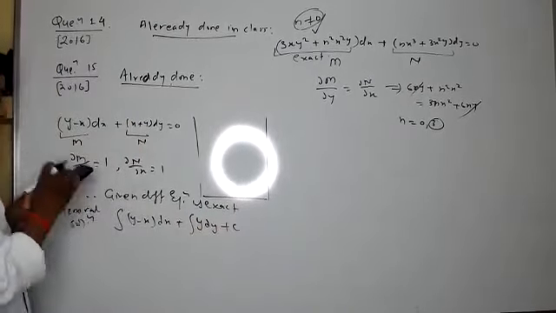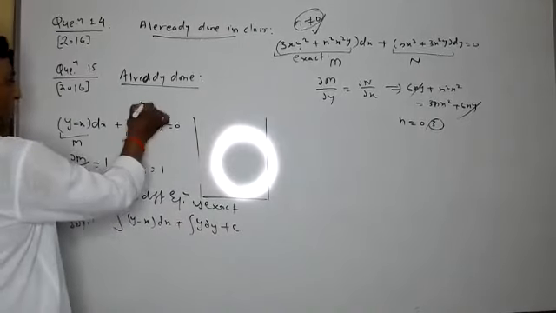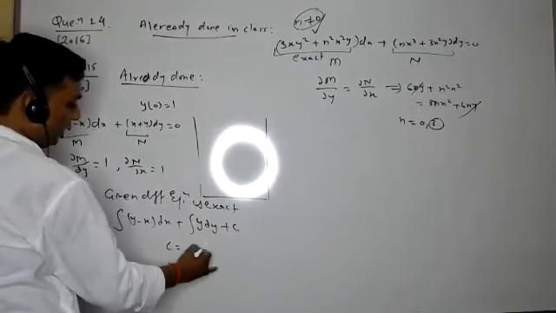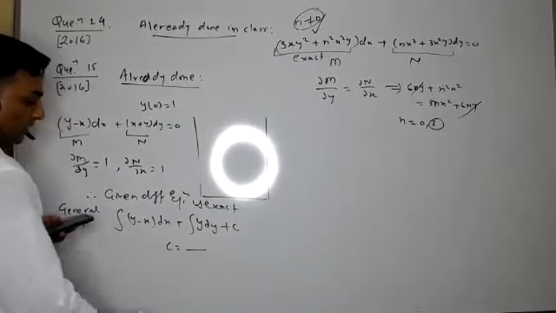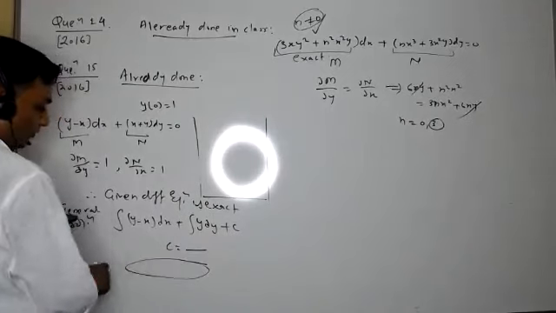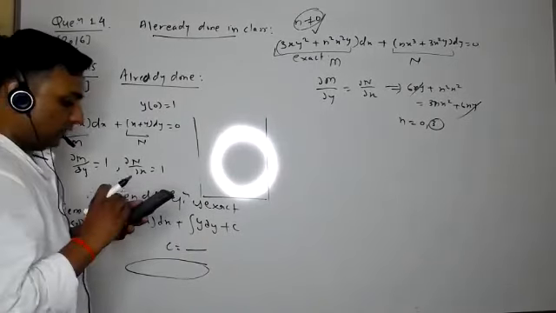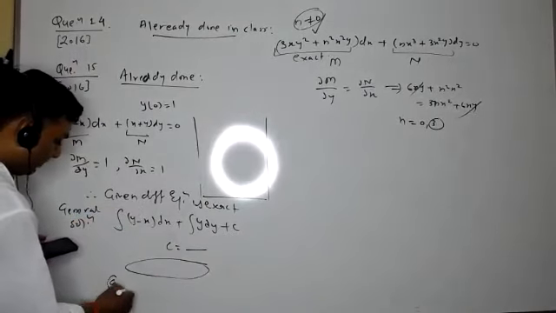They have also said this passes through the point y at 0 equals 1. If you apply this condition here, you will get the value of c. Then, writing the general solution, you have to cross-verify which of the given 3 points lies on it.